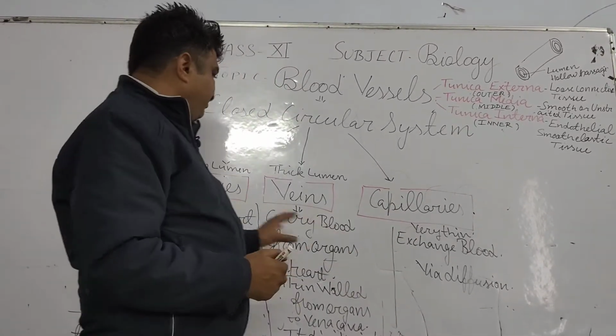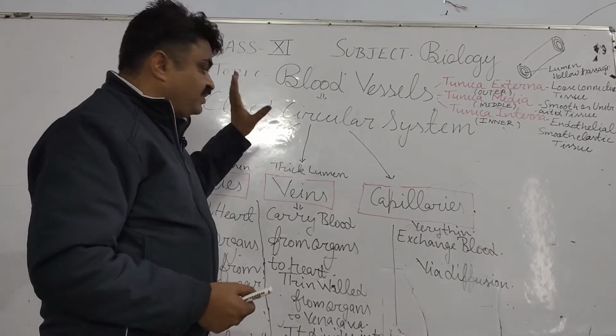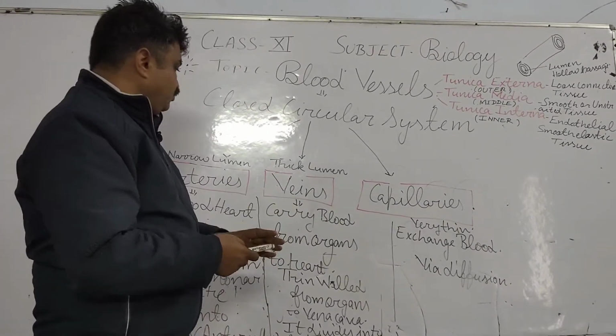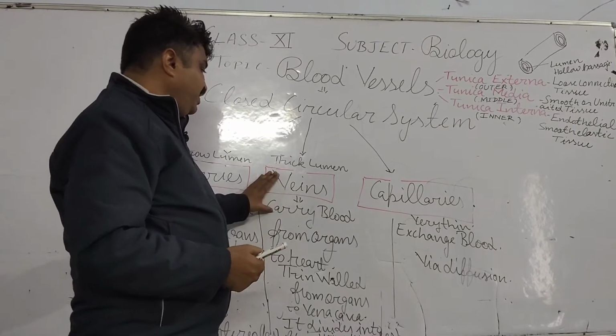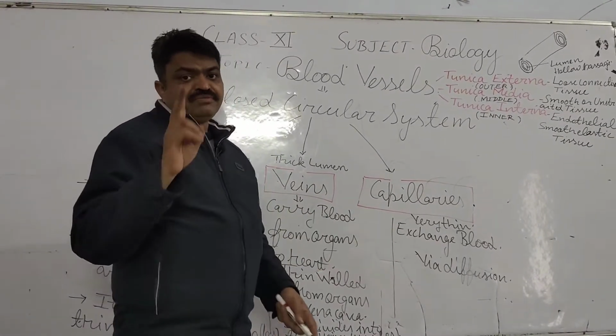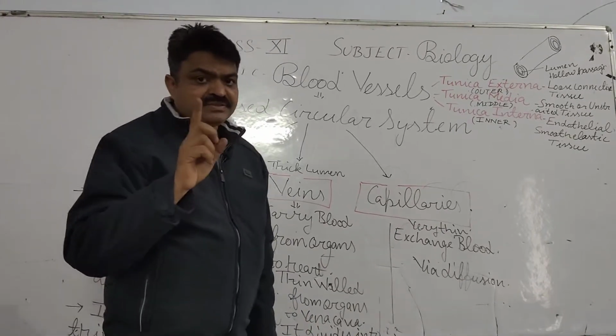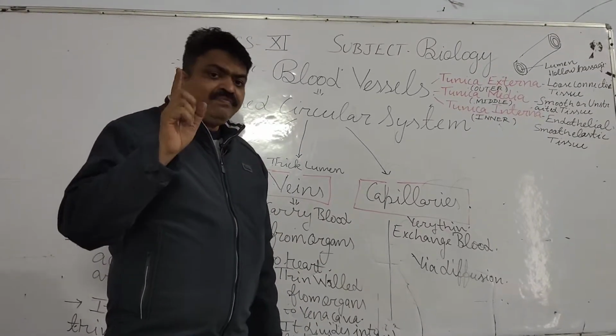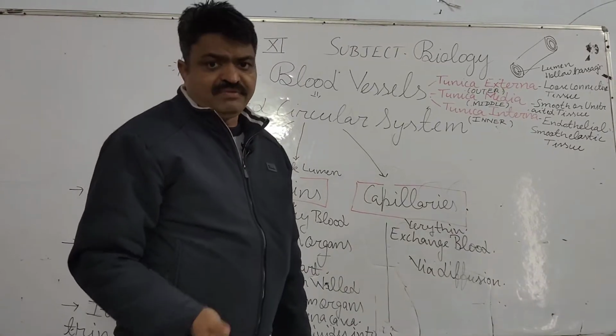Now we come to the veins. Veins have a broad lumen, and with this, student, they carry the blood from organs to the heart. The heart has two big veins. One is the superior vena cava and second is the inferior vena cava.